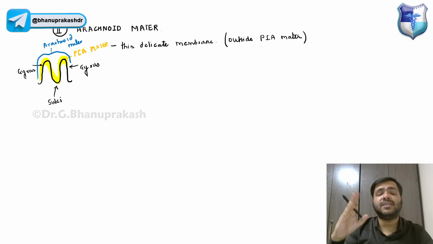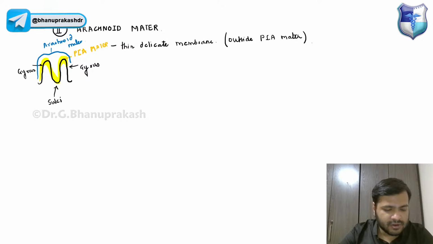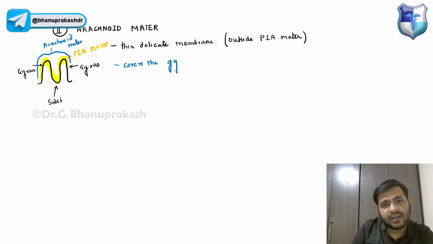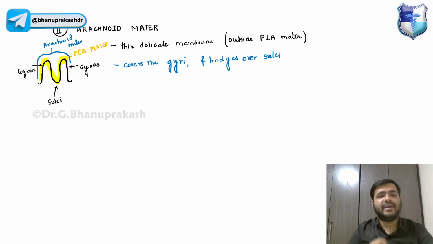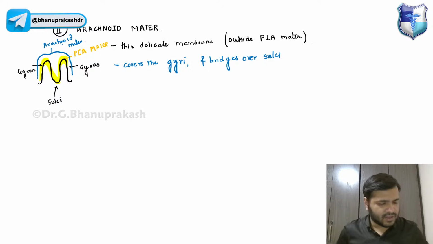It is forming a bridge above it. So remember, it covers the gyri and bridges over the sulci of the brain. It will try to cover the gyrus, but it will never go deep into the sulcus. It forms a bridge above.